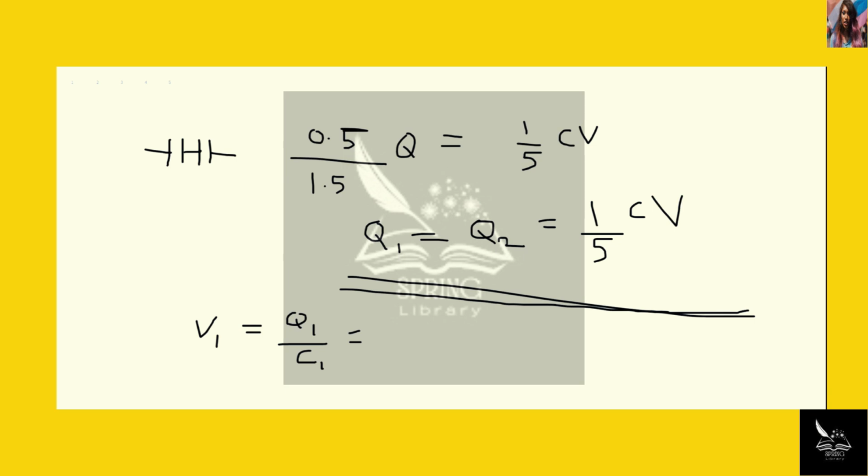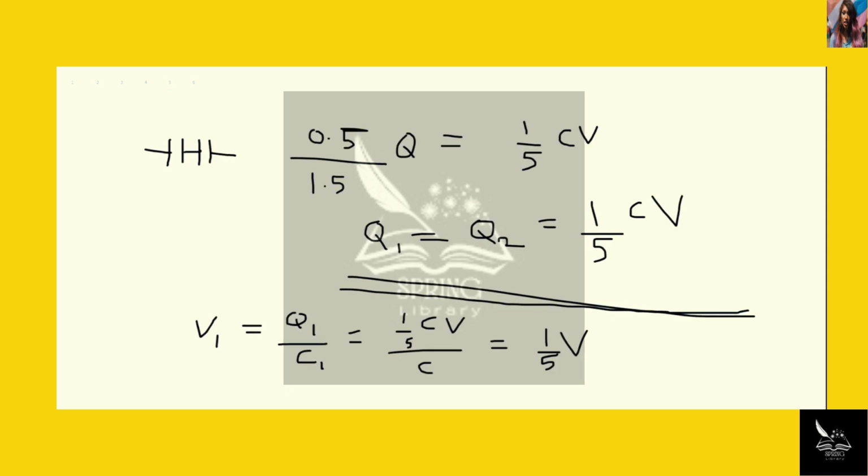Since C1 is equal to C, and Q1 is substituted as 1 divided by 5 CV, we get 1 divided by 5 CV divided by C, which is equal to 1 by 5 V. The same is true for V2, the voltage across C2, which is 1 divided by 5 V, since both of them share the same charge.